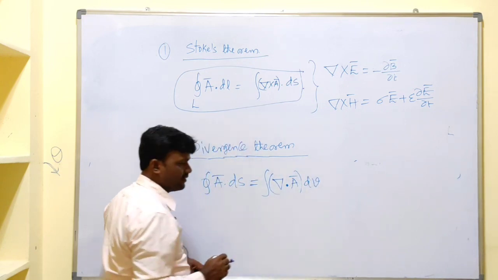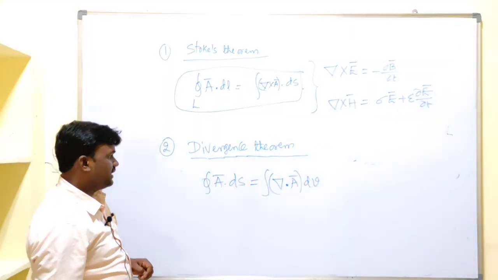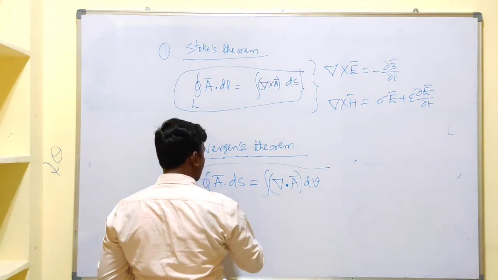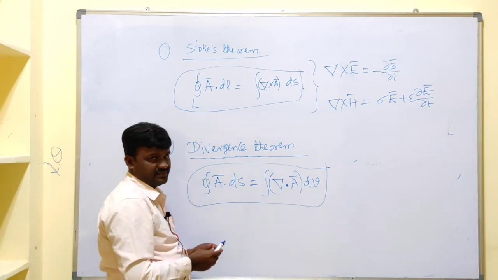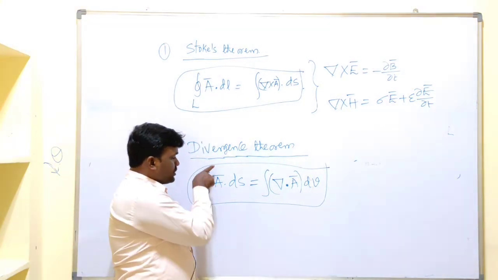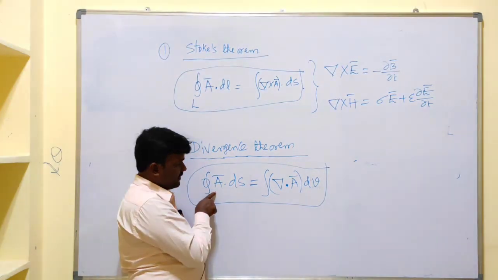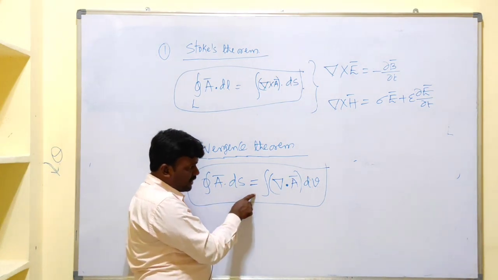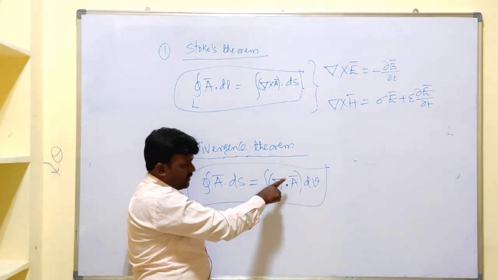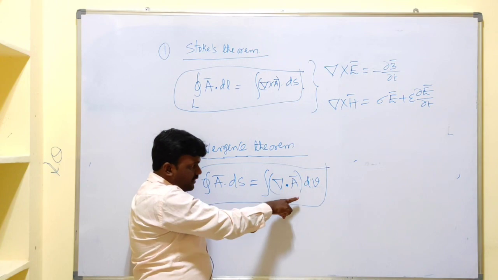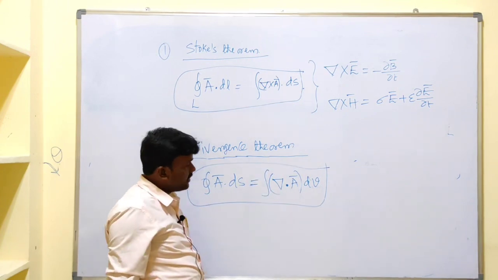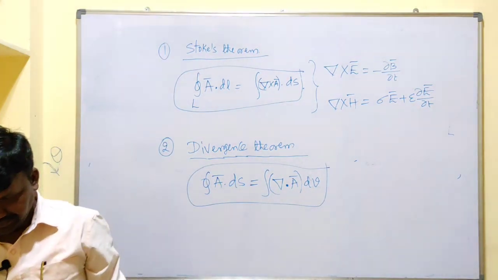In sentence form we can say the divergence theorem like this: the closed surface integral of vector A is equal to the volume integral of the divergence of that vector quantity.